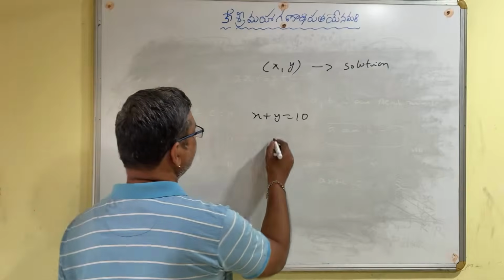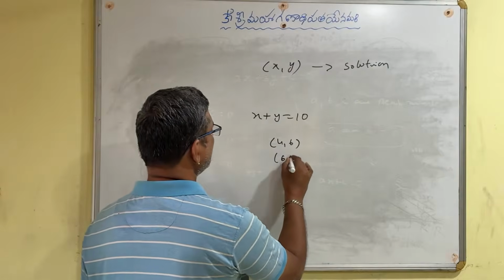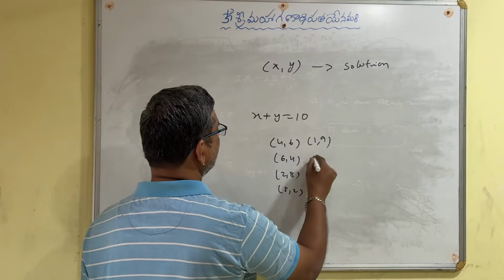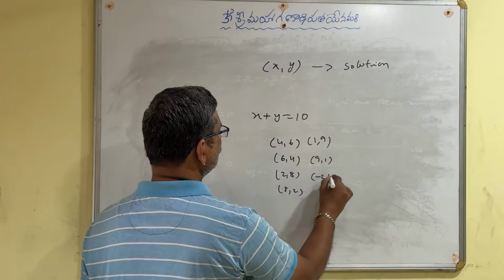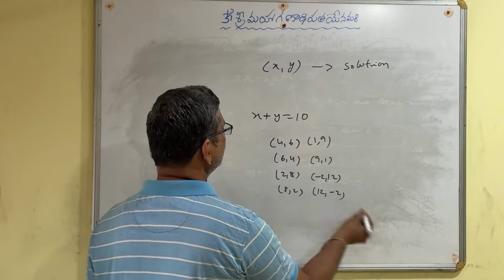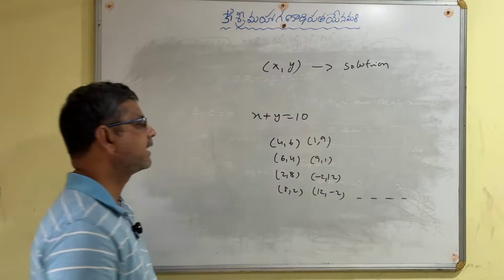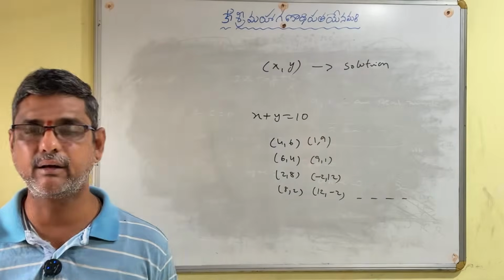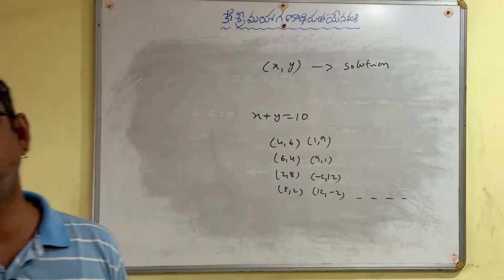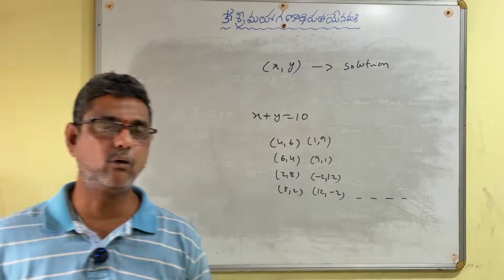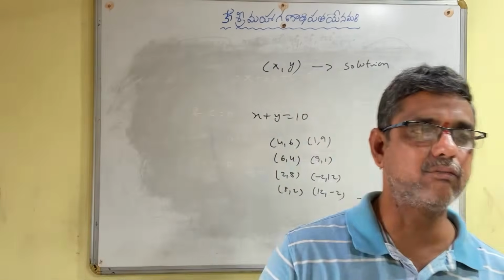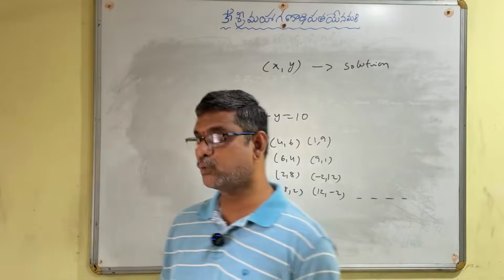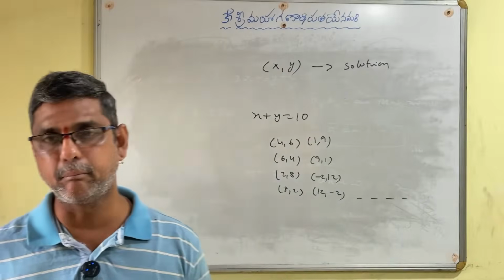We can say many: 4 comma 6, 6 comma 4, 2 comma 8, 8 comma 2, 1 comma 9, 9 comma 1, negative 2 comma 12, 12 comma negative 2, and so on. All these are solutions to this equation, and there are many more. So the second point is finding solutions for the given linear equation in two variables, which is very important.